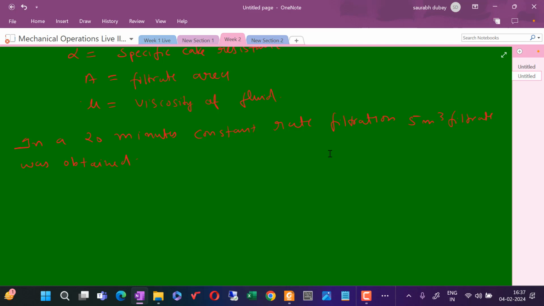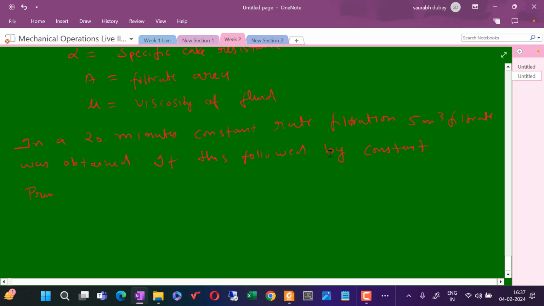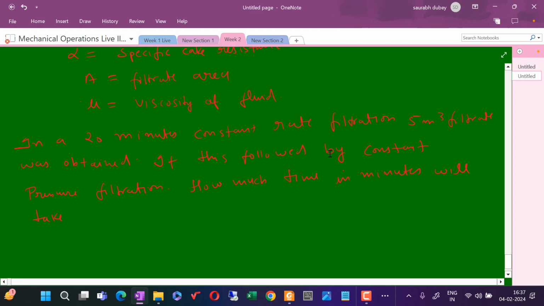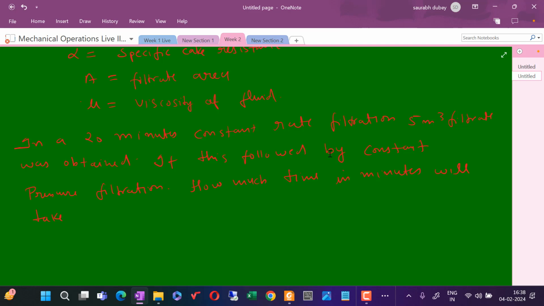If this is followed by constant pressure filtration, how much time in minutes will it take to obtain another 5 meter cube of filtrate?